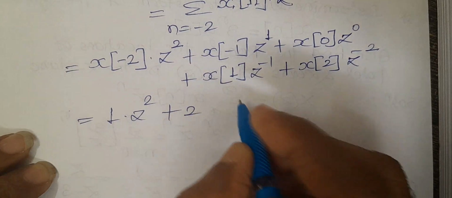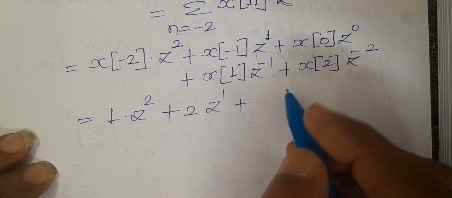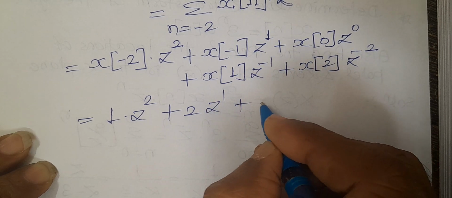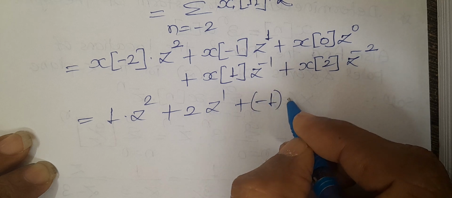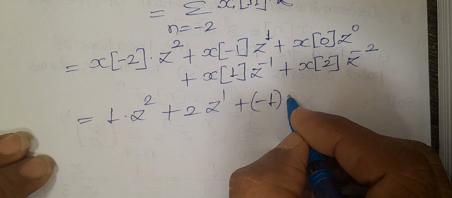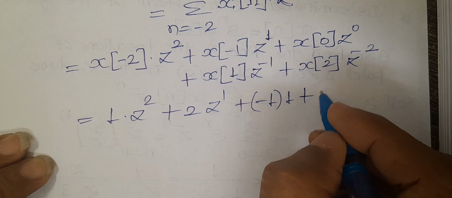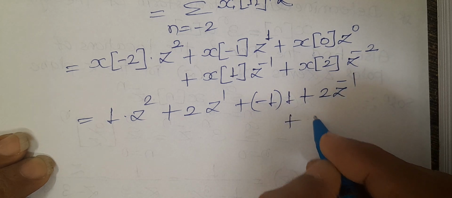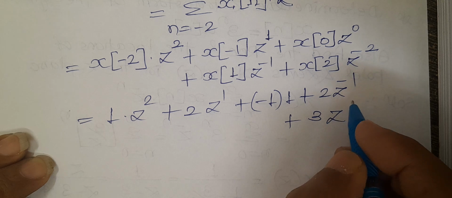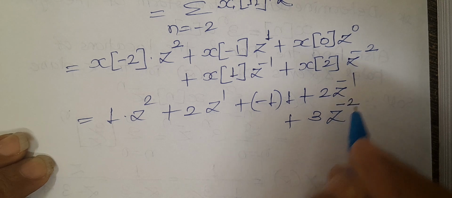So 2 z raised to power 1 plus x of 0 is minus 1, minus 1 into z raised to power 0 is 1, plus x of 1 is 2 into z raised to power minus 1 plus 3 into z raised to power minus 2.